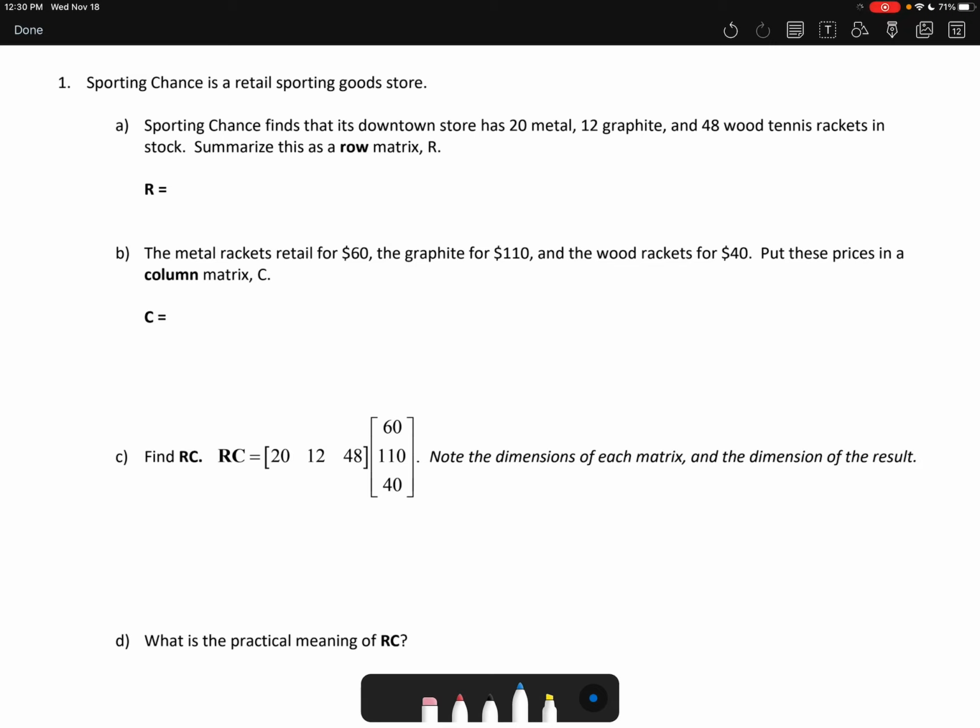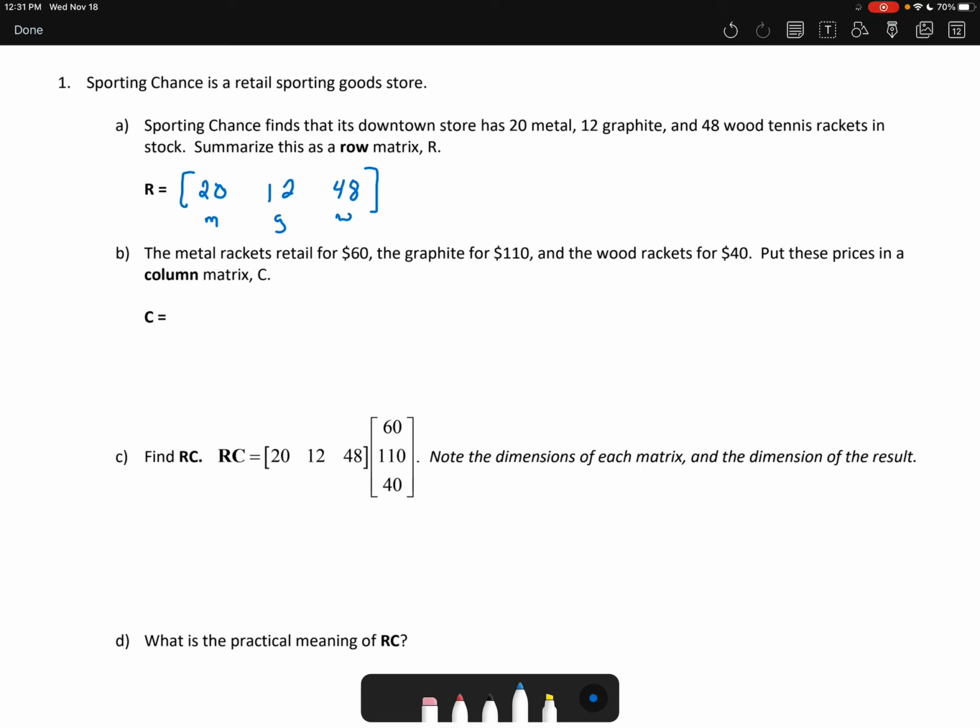We're going to make this a row matrix R. So we have 20 metal, 12 graphite, and 48 wood tennis rackets. And I put those in a single row with entries 20, and I'm going to label them M for metal, G for graphite, and W for wood, just to keep track of context.